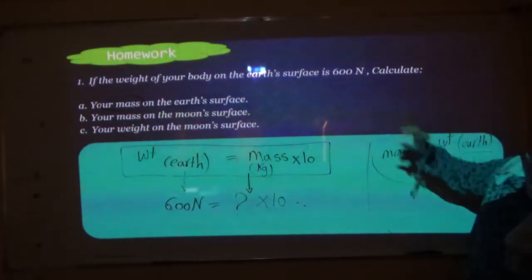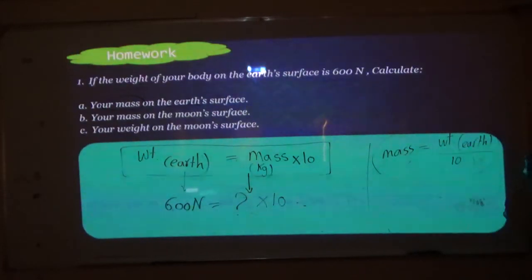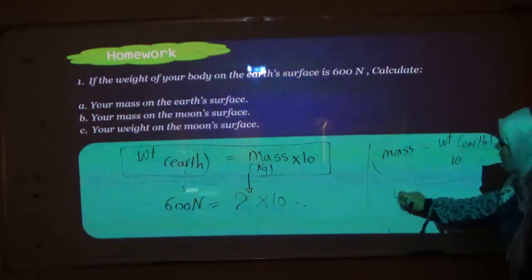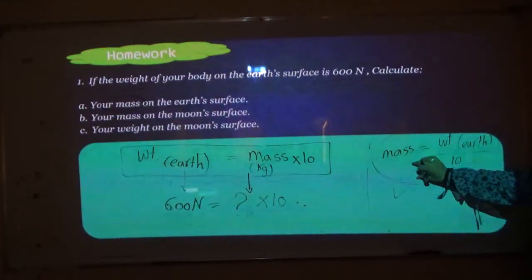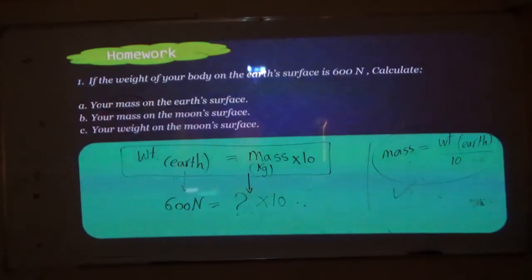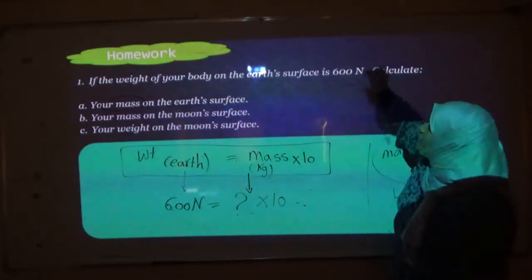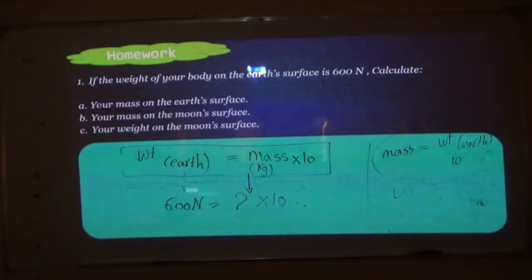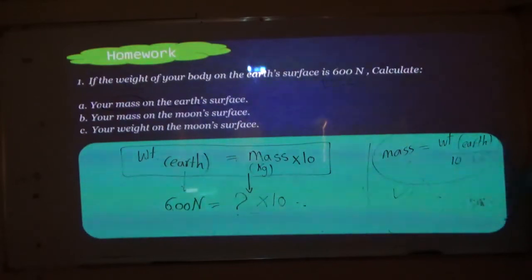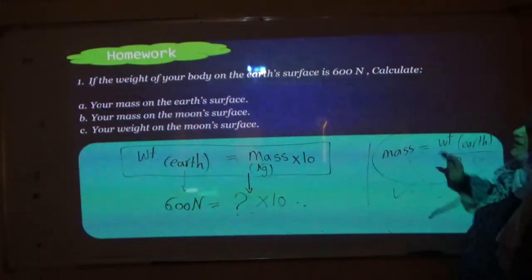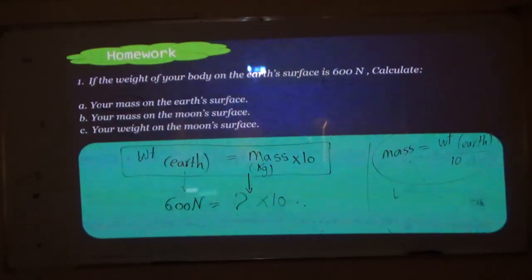I can use the magic triangle or I can write the rule in one step. So the mass on the earth equals weight, and the weight is given here. You already have the value of weight. It will be divided by 10, so it will be 600 divided by 10. It will be 60 kilograms.